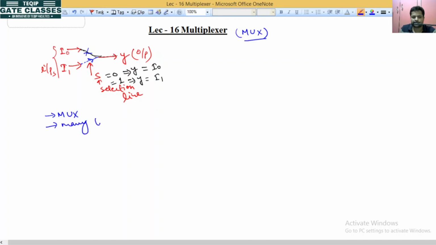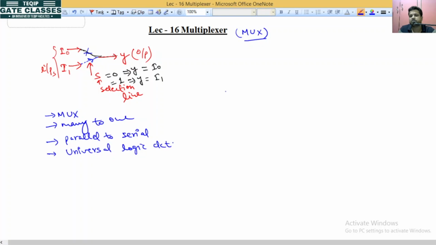It is also called a many to one combinational circuit, and one more, it is called a parallel to serial combinational circuit, and the last one is, it is also called a universal logic circuit.